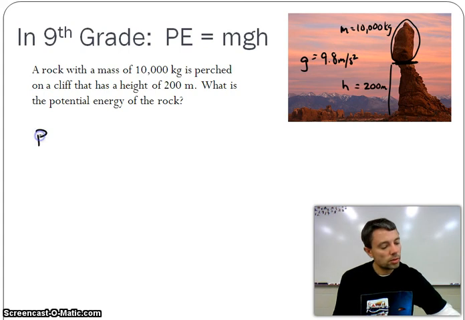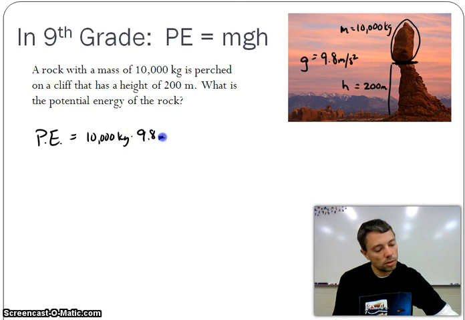So if we want to find our potential energy, all we have to do is put m, which is 10,000 kilograms, times g, which is 9.8 meters per second squared, times the height, which is 200 meters.